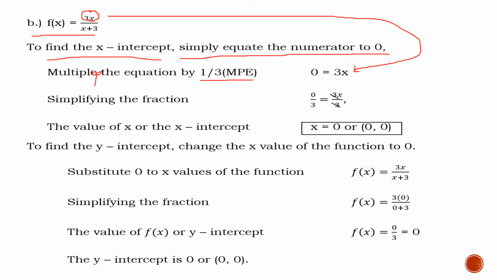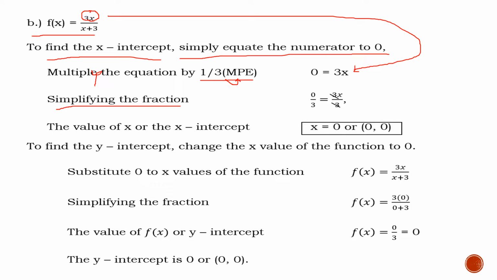Now, if we multiply the entire equation by 1/3 by applying the multiplication property of equality, we can simplify the fraction. So 0 over 3, because we multiply 0 by 1/3, is equal to 3x over 3. Then the 3 will be cancelled out because 3 over 3 is 1.